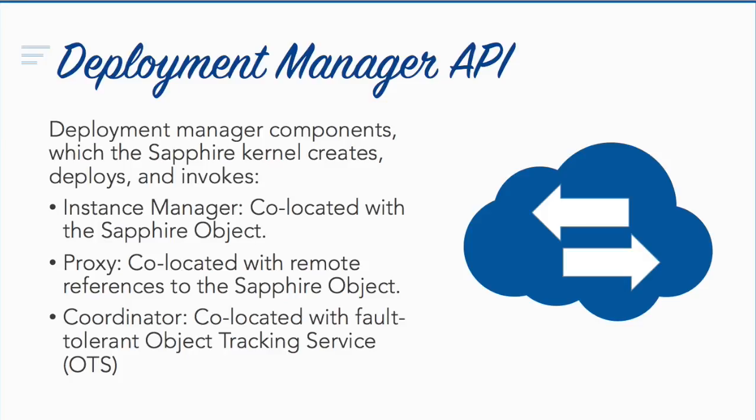A single deployment manager extends the functionality of the deployment kernel to meet the Sapphire object requirements. It consists of an instance manager, which is co-located with the Sapphire object, a proxy, which is co-located with remote references to the Sapphire object, and a coordinator, which is co-located with the fault tolerance object tracking service.